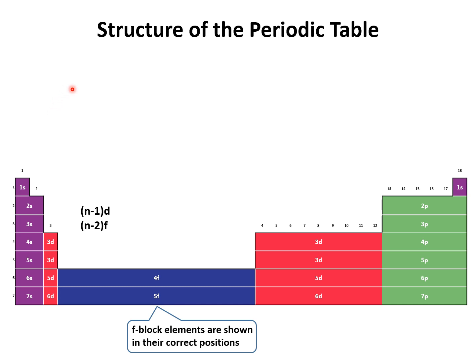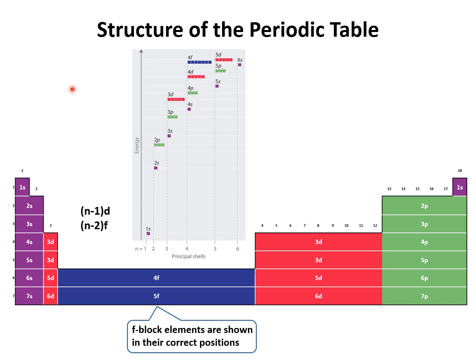One final point is the energies of the atomic orbitals. The periodic table is arranged so that the lowest energy atomic orbital, the 1s atomic orbital, is placed at the top. As we go down the periodic table, the energies of the atomic orbitals increase.